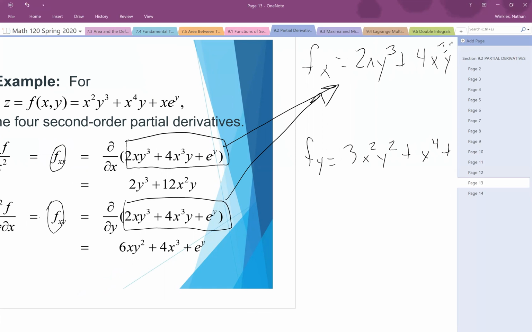So once we do that, since we're finding f sub xx in this first case, we take our first partial derivative and we take its derivative again with respect to x. So we get 2y cubed plus 12x squared y. The derivative of e to the y is 0, so it disappears. For f sub xy in the second case here, we already took it with respect to x. Now we need to take it with respect to y. So that will give us 6xy squared plus 4x cubed plus e to the y.